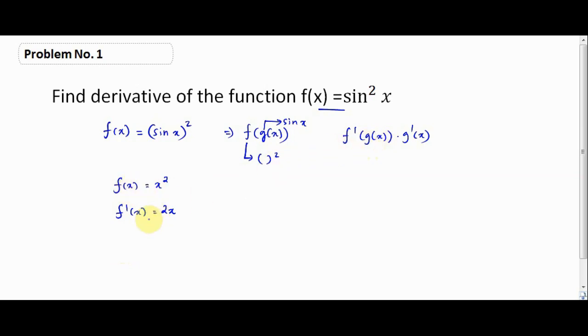So therefore f dash of g of x will be 2 into g of x. g of x is sin x here, so we get it as 2 into sin x, that into g dash of x, that is derivative of g of x. Since g of x is sin x, its derivative g dash of x will be nothing but cos x. So we get the answer as 2 into sin x into cos x, or we may write it as sin 2x.